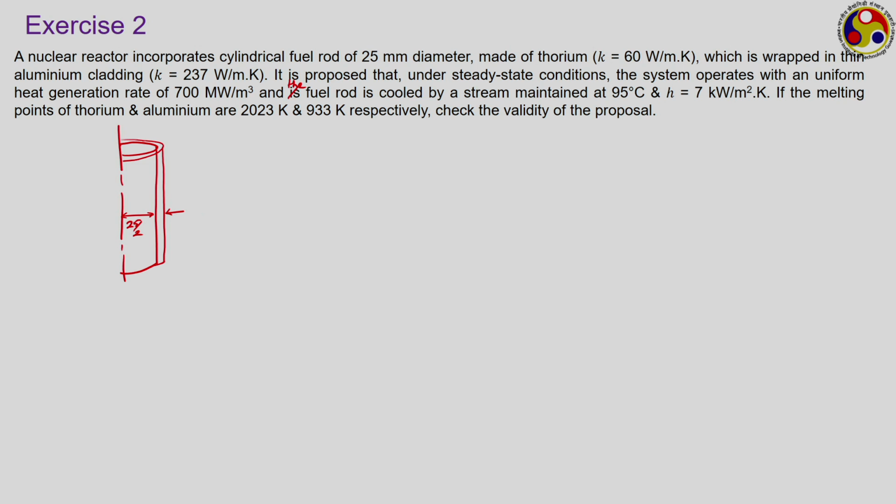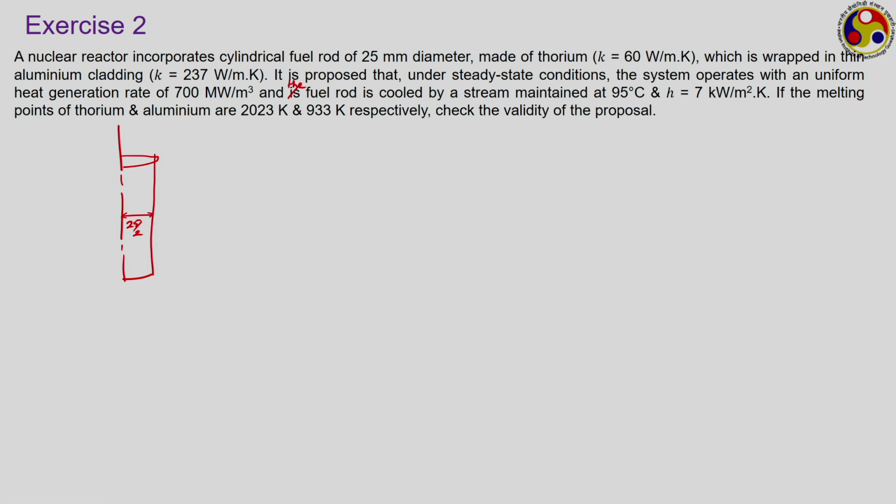The cladding thickness is not given, which can be neglected for the situation shown here. We can almost assume that the surface is just like this aluminum cladding. So, we are not going to draw the cladding surface separately, rather this is the half of the domain that I am considering, half of the cylinder.